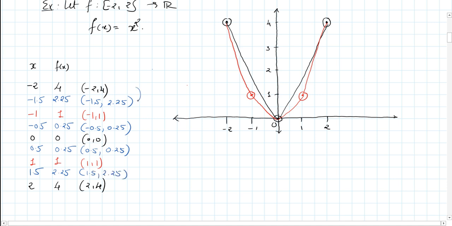Now join this with this, with this, and so on in increasing order. First of all, I have to plot these extra 4 points, that is minus 1.5 and corresponding 2.25, somewhere here.